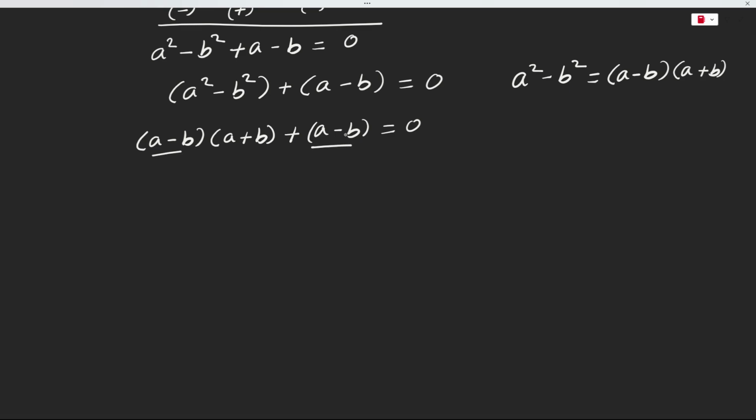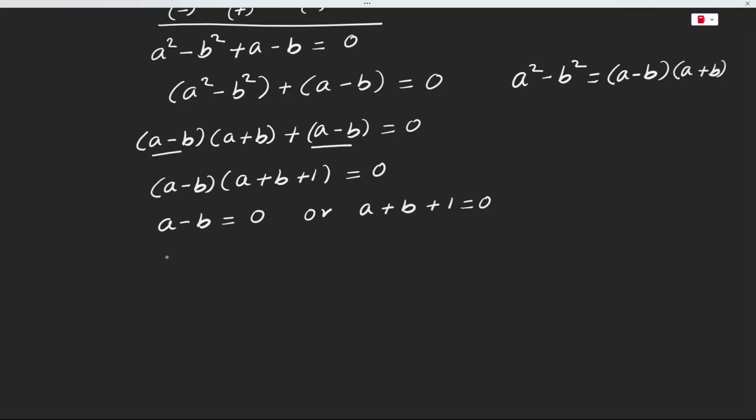Taking out the common factor from these two terms, we can write this as a minus b times a plus b plus 1 equals 0. So either a minus b equals 0 or a plus b plus 1 equals 0. Since a not equal to b, we will reject a minus b.